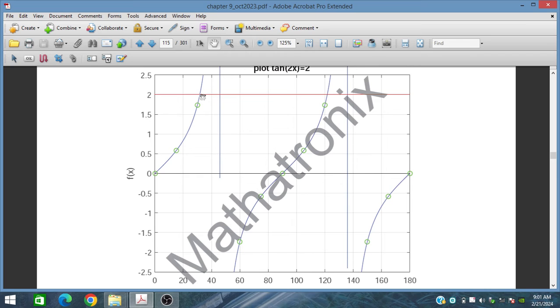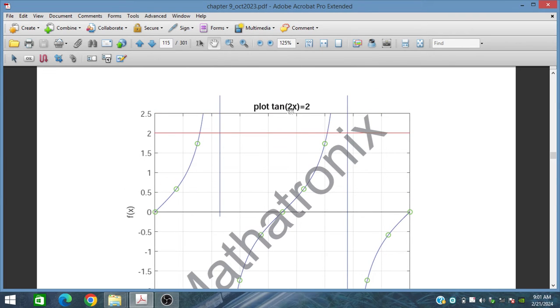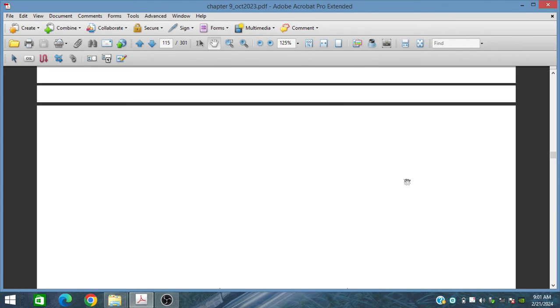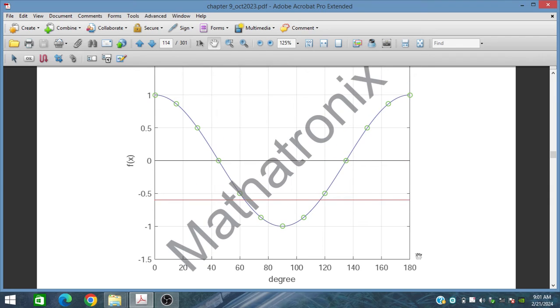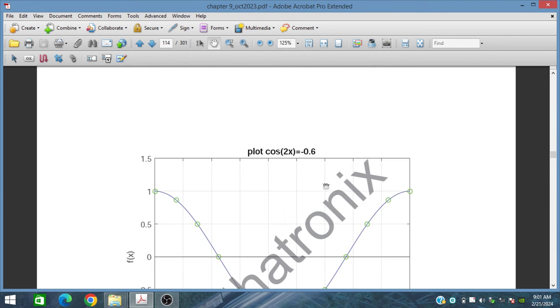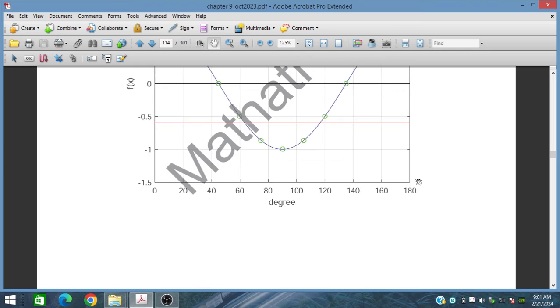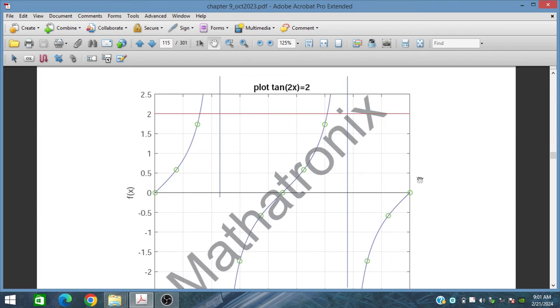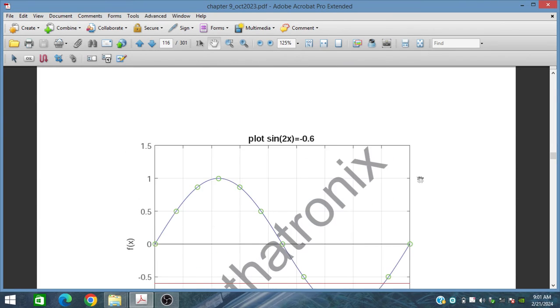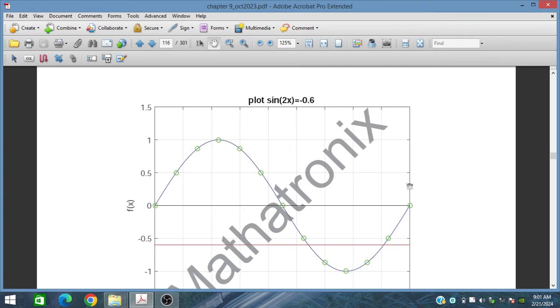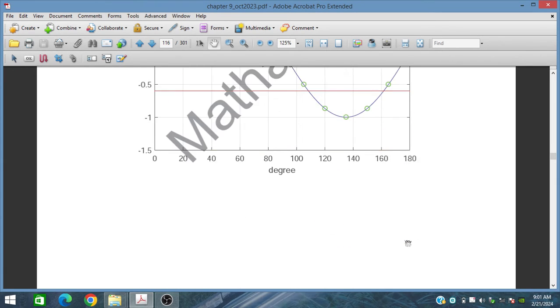Since we are talking about 2x, in 180 degrees the period is completed, because at x equal to 180 degrees this becomes 360. Sin 2x is minus 0.6, so minus 0.6 is here in this quadrant.